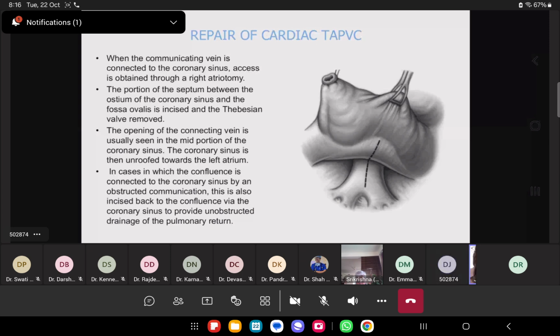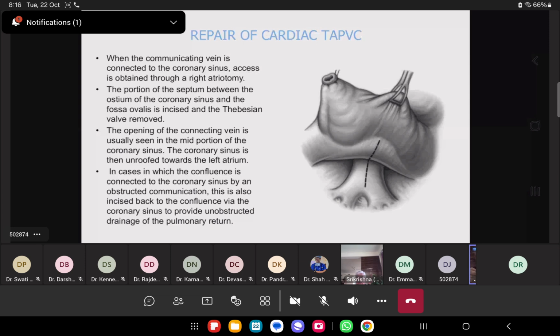And that, of course, is retracted a little more, almost up to the left atrial appendage, and then you open both. This is the classical picture they have given for the supracardiac type of TAPVC. Then there are three methods.